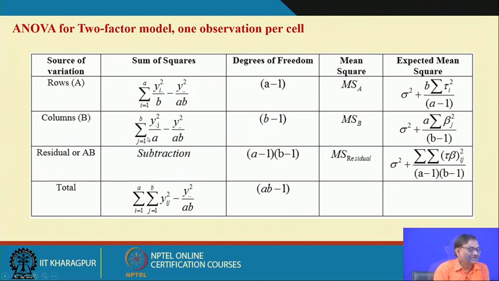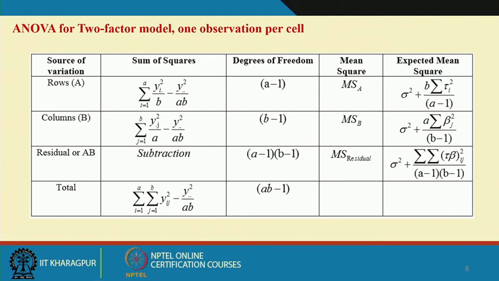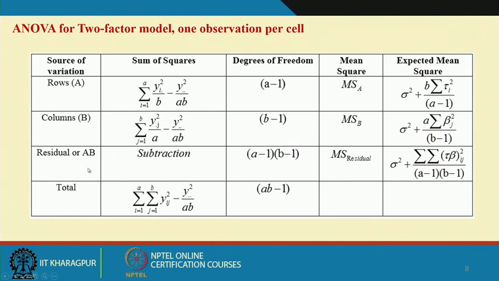After that, once you are satisfied with the test that interaction is absent, in that case the interaction part will go to the residual part, and you will compute the row treatment and column treatment using the usual traditional formulas.